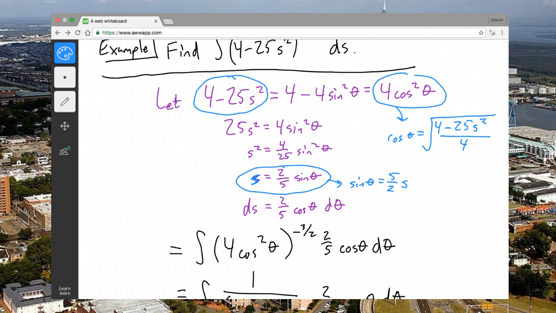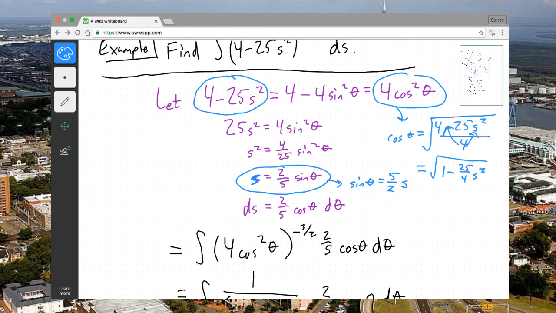So there's my cosine. And you can simplify that a little bit if you like. You can write that as square root of 1 minus 25 over 4 s squared. Distribute that 4 into both terms. So there's my cosine and my sine.